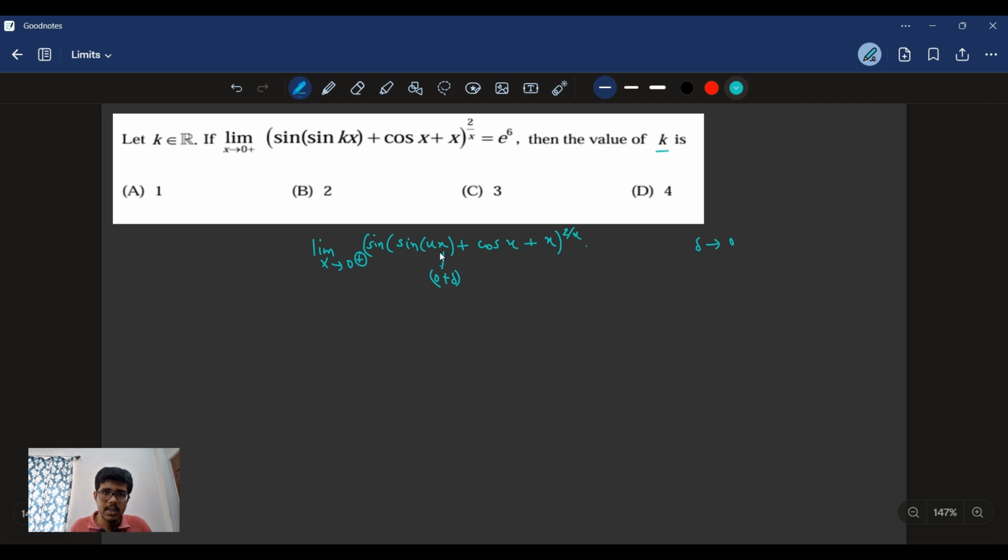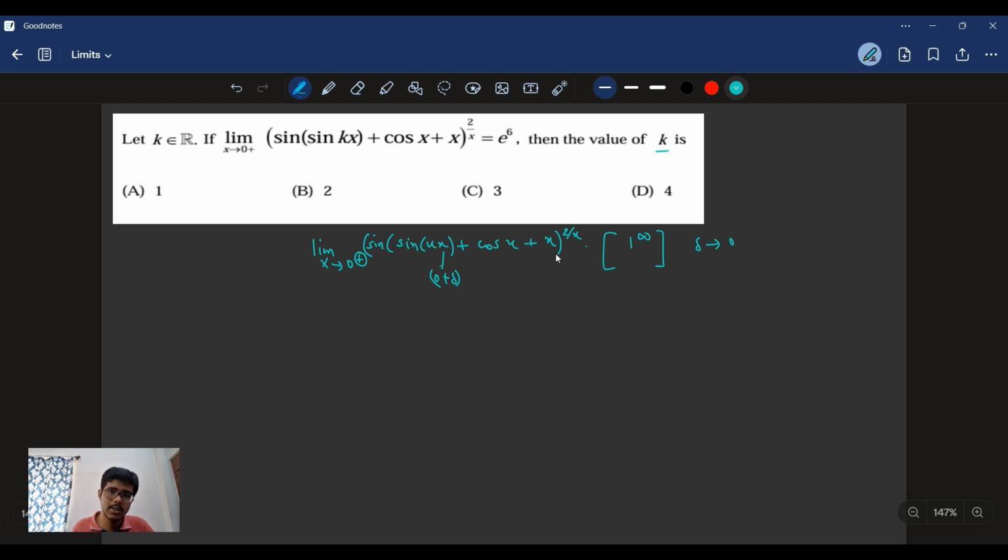So sin(k delta) is going to be 0, and sin of 0 is 0, and cos of 0 plus delta is going to be 1 as delta tends to 0, and x which is 0 plus delta is going to be 0. In the power of this base we have 2 by x, that is, again putting x as 0 plus delta, this is 1 to the power infinity.